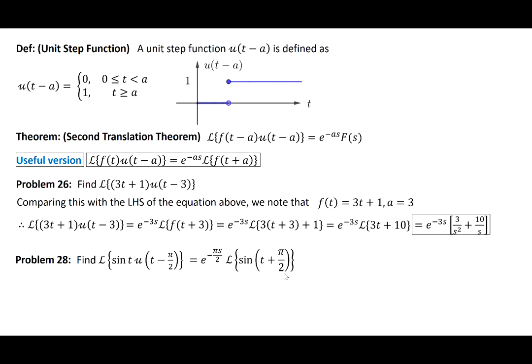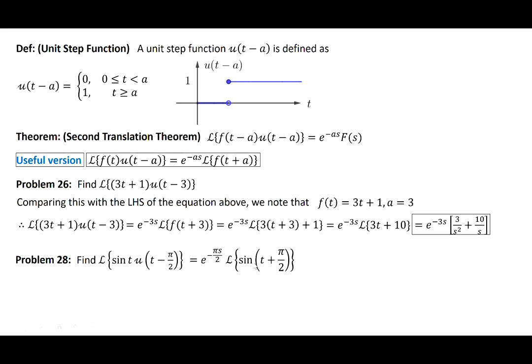If you remember something called cofunction, sine of pi half plus theta is equal to positive cosine theta. However, cosine of pi half plus theta is negative sine theta. That's because in the second quadrant sine is positive, cosine is negative. So that is one way of doing it.